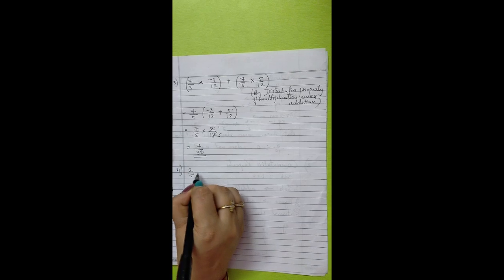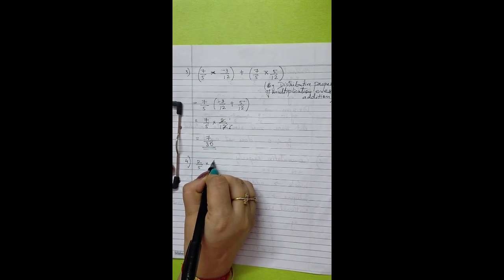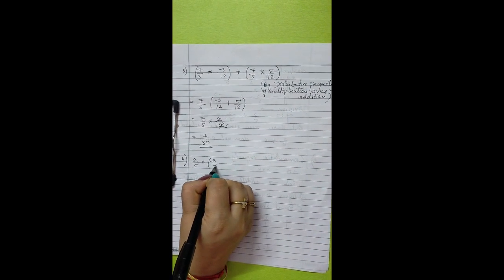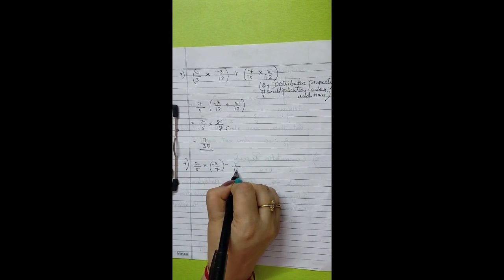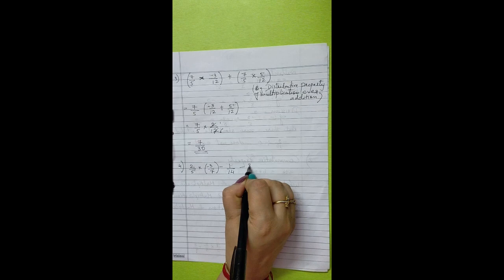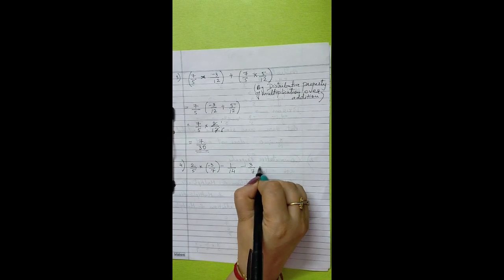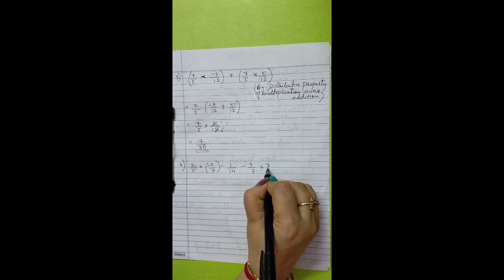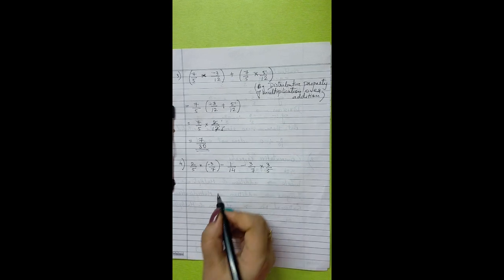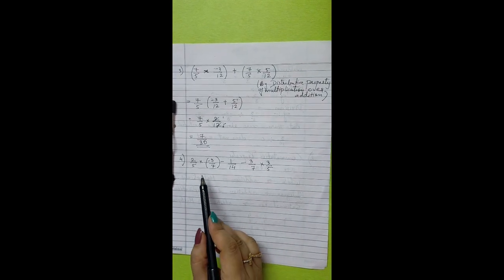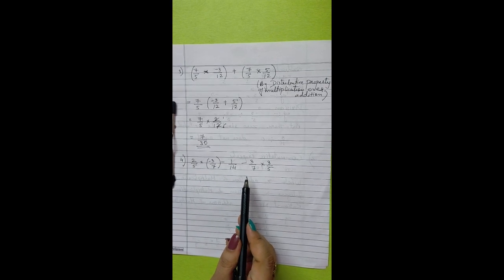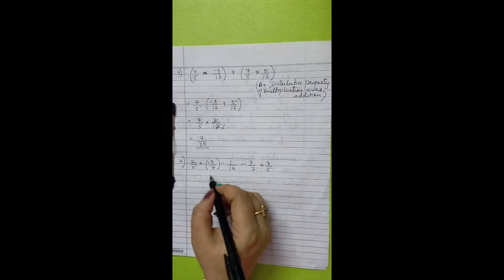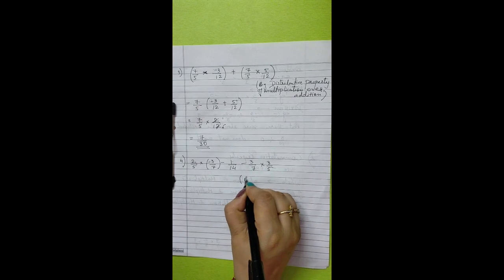2 upon 5 multiplied by minus 3 upon 7 minus 1 upon 14 minus 3 upon 7 multiplied by 3 upon 5. Here we can see that there is a multiplication and a subtraction sign both over here. So again here we will be using distributive property, but that will be over subtraction.